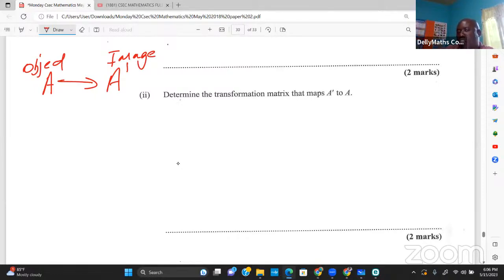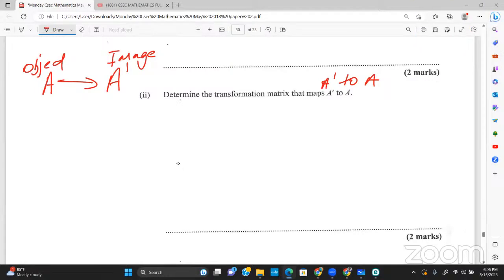Determine the transformation matrix that maps A prime to A. Anybody want to quickly suggest what you think they want from you here? What matrix could have done this? Remember, we did A to A prime, but they want you to find a matrix that will move A prime to A. Anybody? Going once, going twice.